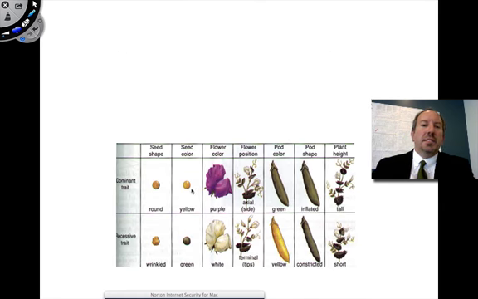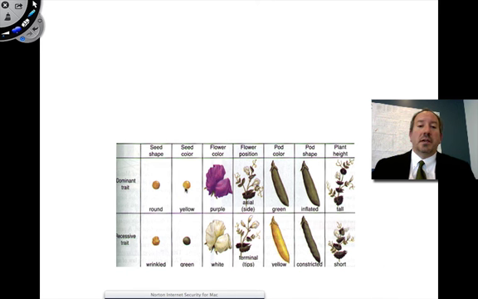And every time he did this, no matter what trait he was considering, let's just look at some of these traits. I've been mentioning purple and white, and I've also been mentioning height, tall and short. But sometimes seeds are round and sometimes they're wrinkled. I don't know if you've ever seen these before, but there's round and wrinkled. It always seemed like the round one dominated over the wrinkled.